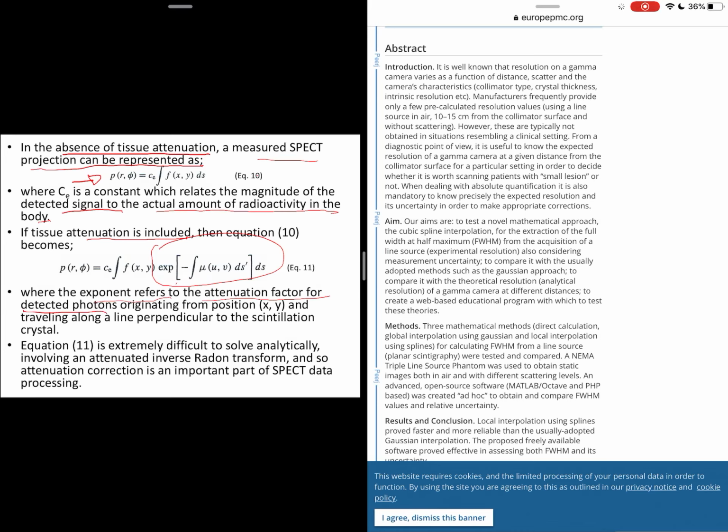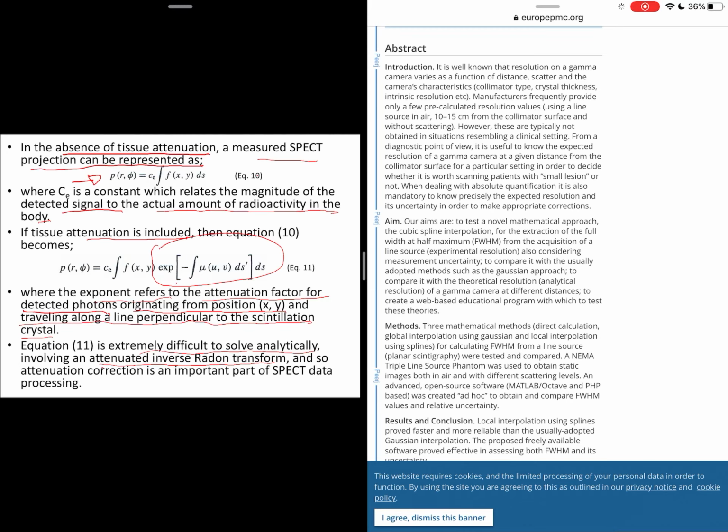We have another component here, the exponent term. The exponent refers to the attenuation factor for the detected photons which originated from the position x, y and traveled along a line perpendicular to the scintillation crystal.